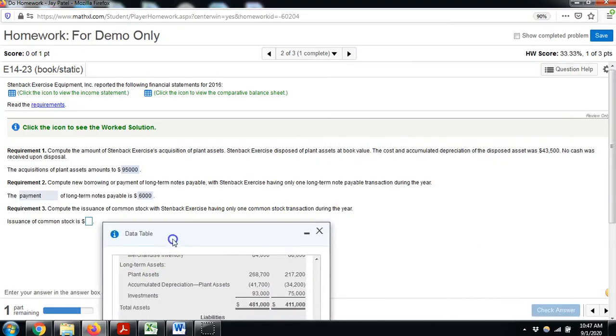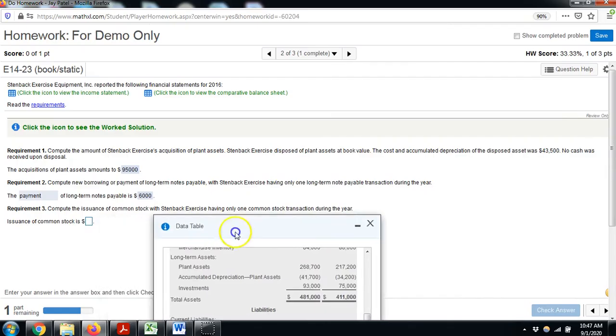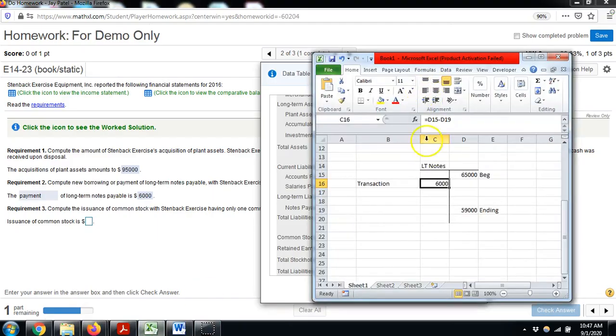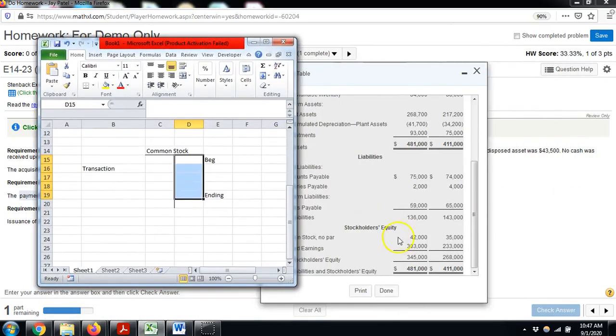Next, compute the issuance of common stock, and we only had one common stock transaction. So again, this is a very similar calculation. Now we're going to look at common stock. We see here we have an ending balance of 42,000 and a beginning balance of 35,000.